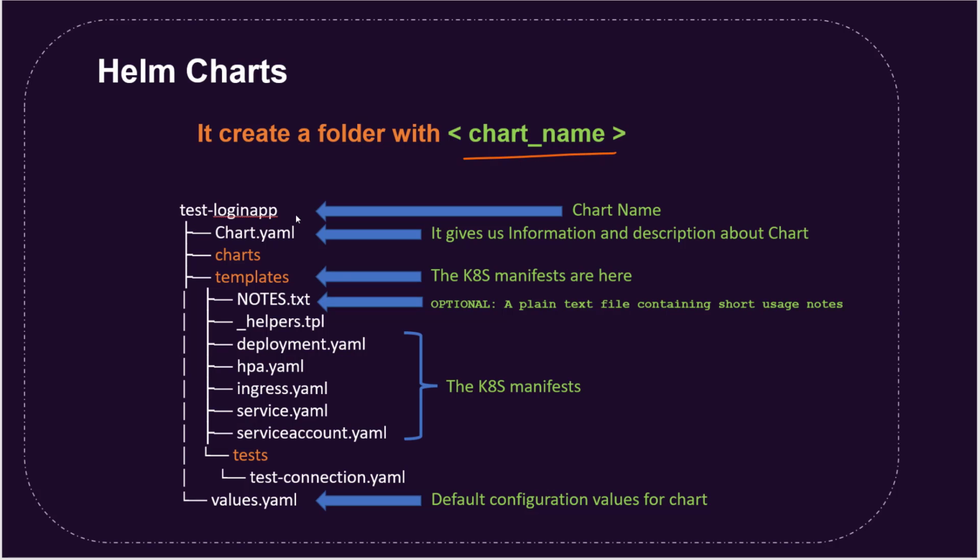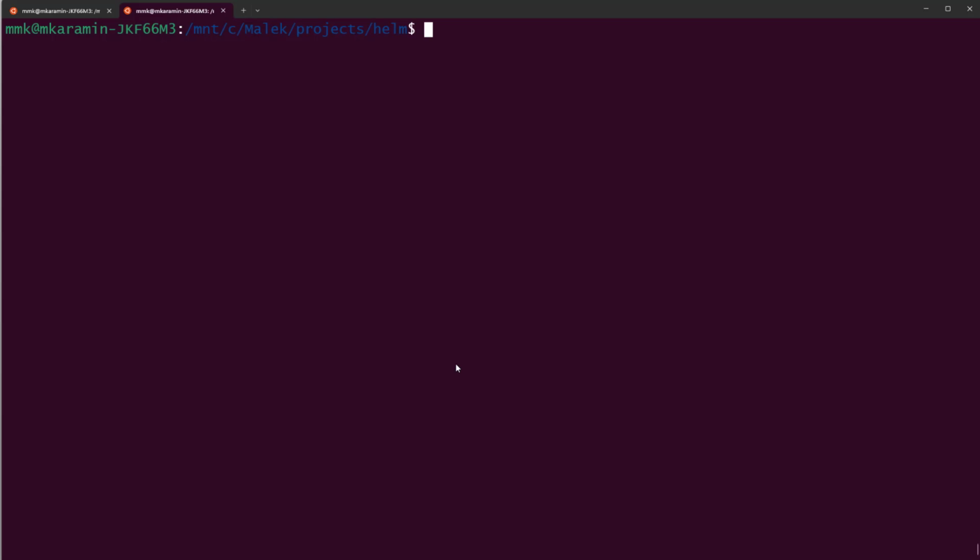In the first line, you see the chart name that we selected in the create command. Also in the chart folder, you see a file named Chart.yaml. This file gives us information and a description about the chart. Back to the terminal. Let's see the content of this file.